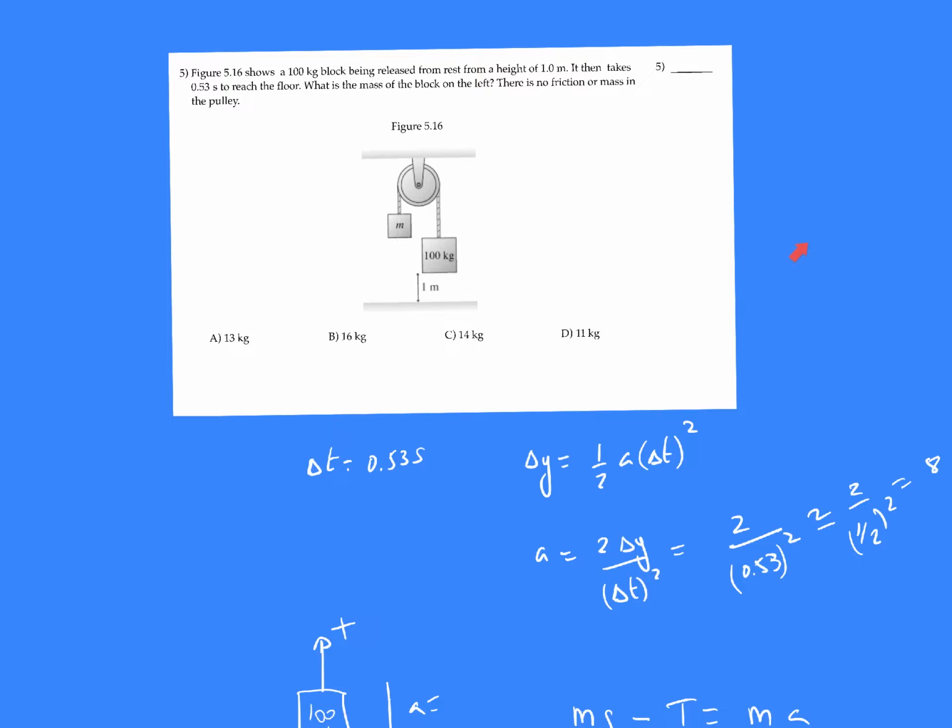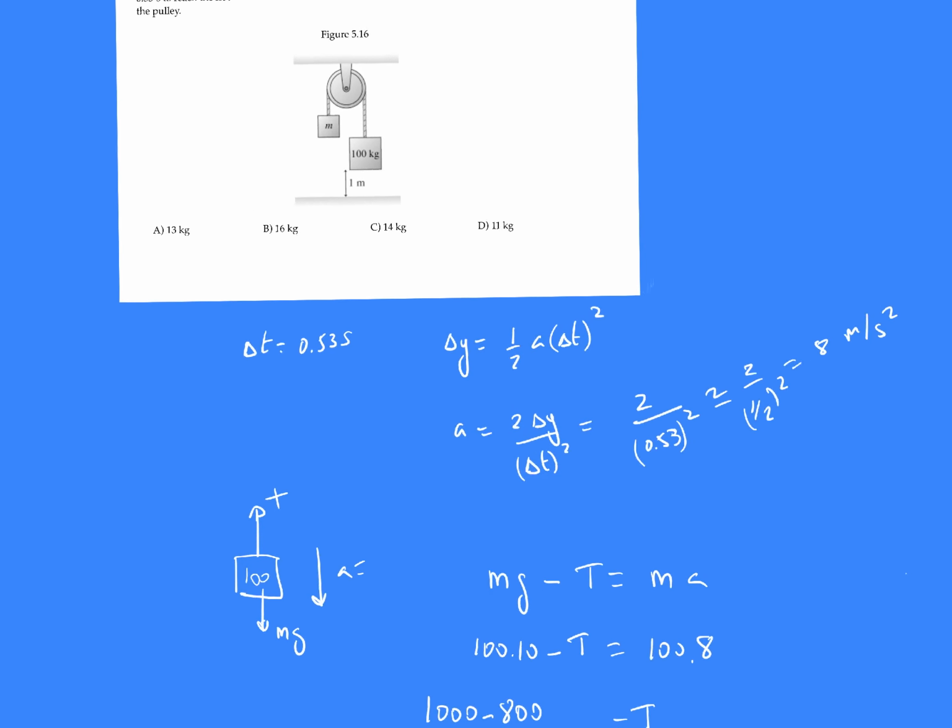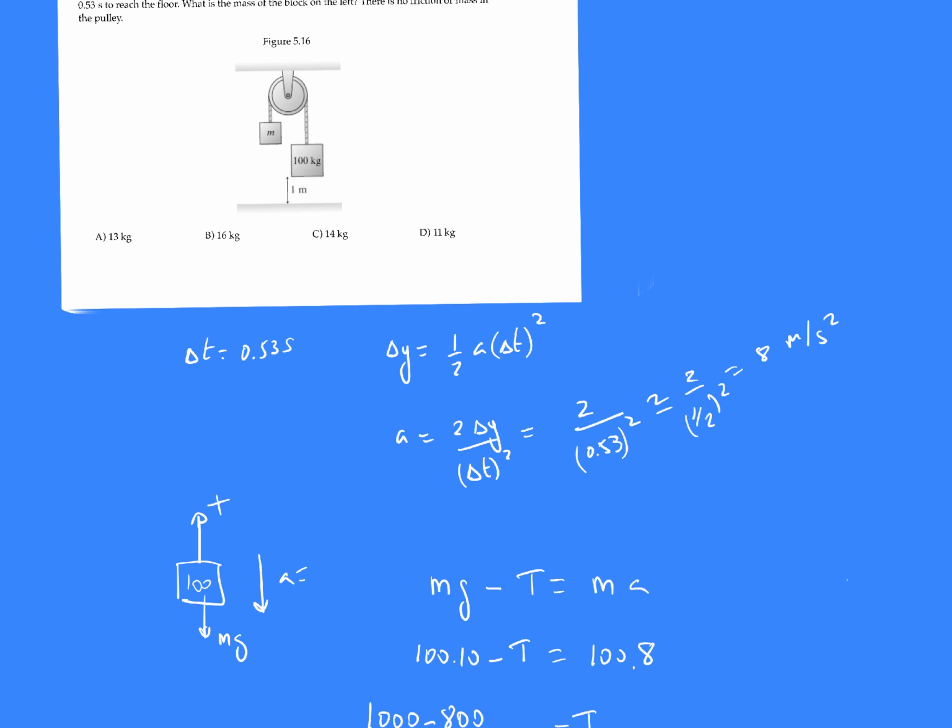So this is how we will solve. We consider that the acceleration is constant. So if the acceleration is constant, the displacement delta y is 1/2 a delta t squared, because you remember that y is equal to y0 plus v0y by t plus 1/2 a t squared. But in this case, I'm considering y minus y0, delta y, the change in y. The change in y is 1 meter.